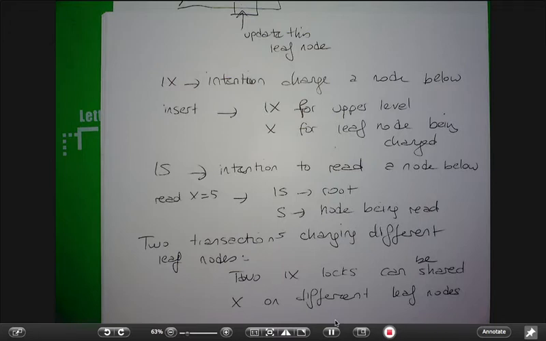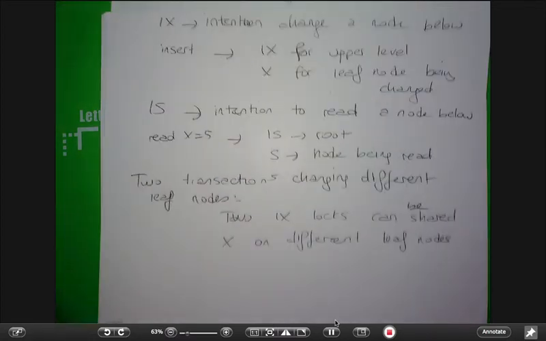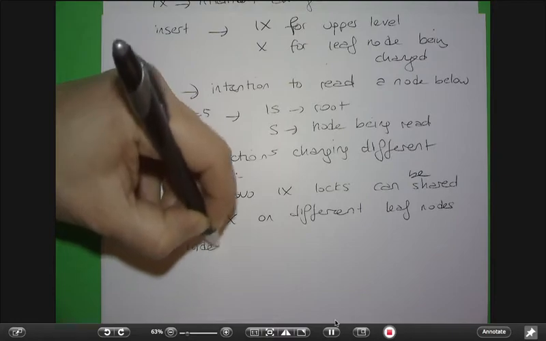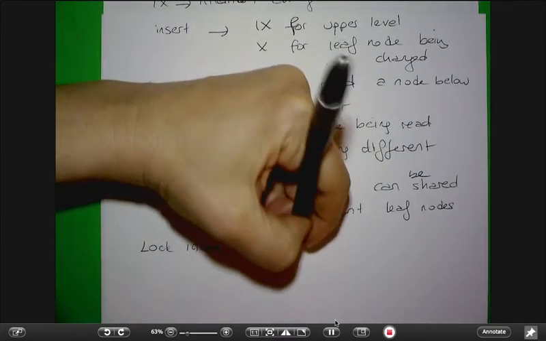It happens that intention locks are actually quite useful because if you lock the index, then you can lock the index on a condition. So let's say that you want to lock the index on x equals 5.